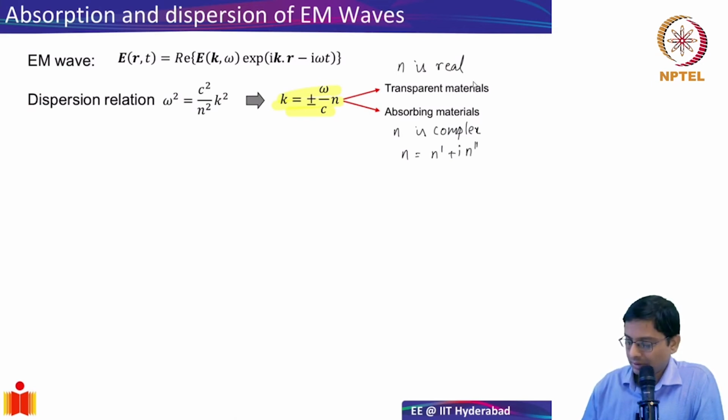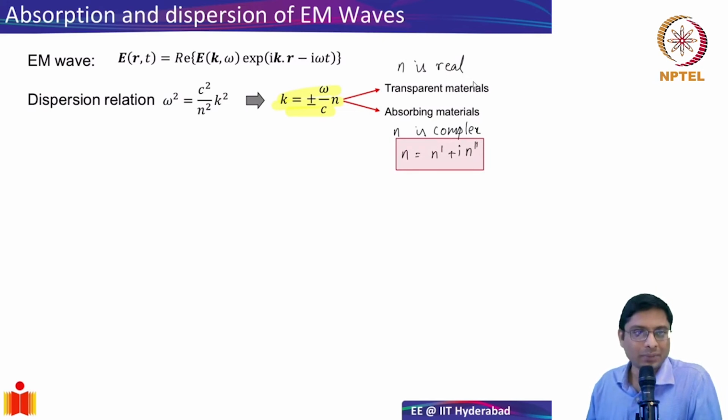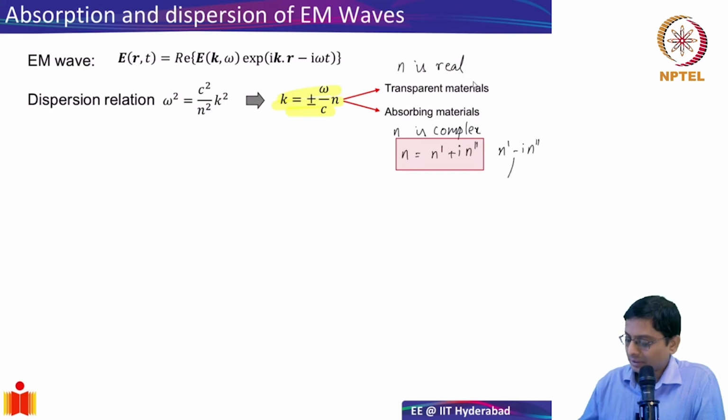Just as a caveat to people from different communities, in some textbooks they use n prime minus i n double prime instead of plus. The plus definition is used with the exponential i omega t notation, and the minus definition is used with the minus i omega t notation.